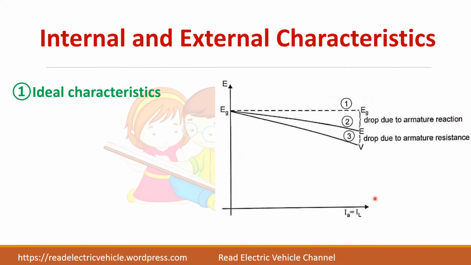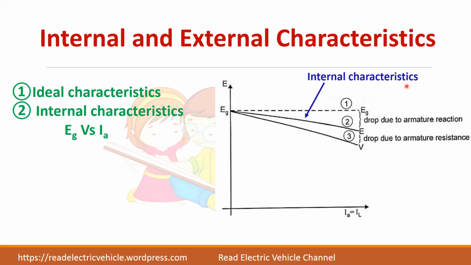As you load the generator, the voltage will drop. There will be a drop due to two factors. One is the drop due to armature reaction. If you consider that drop, you will get one characteristics, that is called the internal characteristics, which is drawn between the generated EMF as well as load current or armature current.